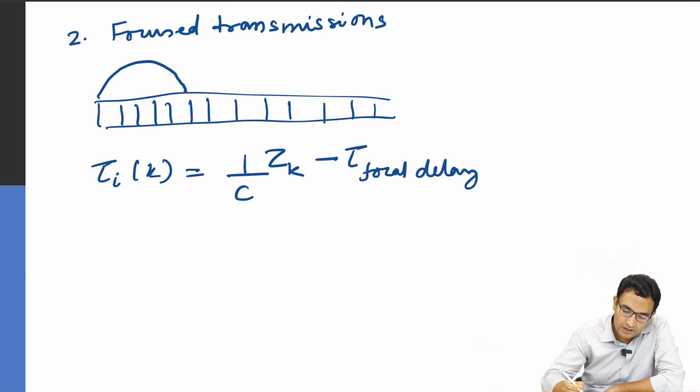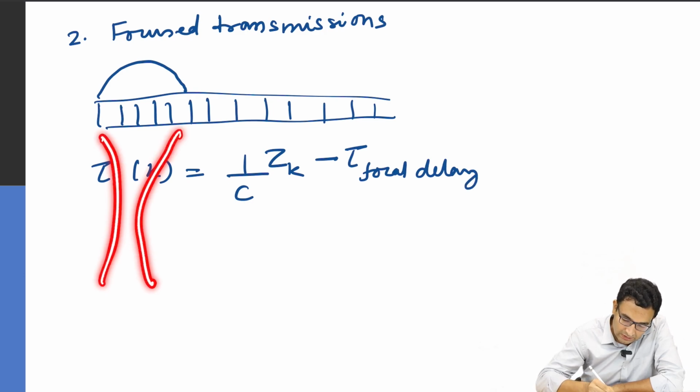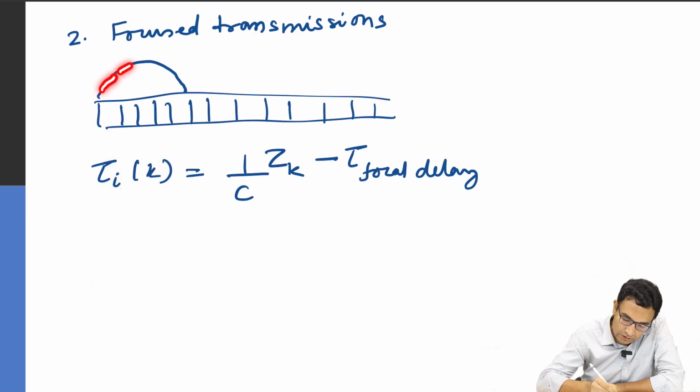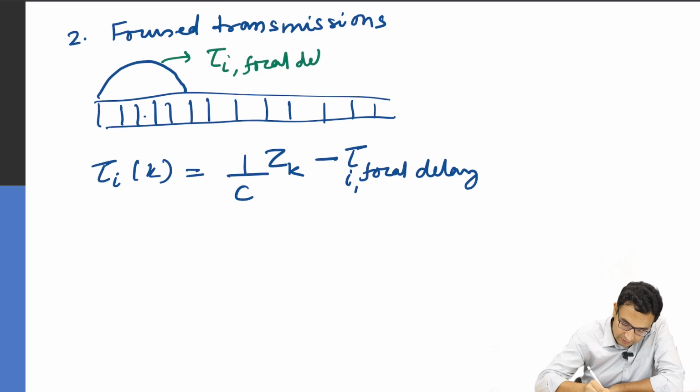So what do I mean by that? Essentially, to focus the beam like this, right, you have applied this delay here, and so each element will have a corresponding focal delay which is represented by this delay profile. Like for example here, the least delay may be applied to this element, the highest delay may be applied to this element. So I'll write it down. Essentially this represents my tau i focal delay.